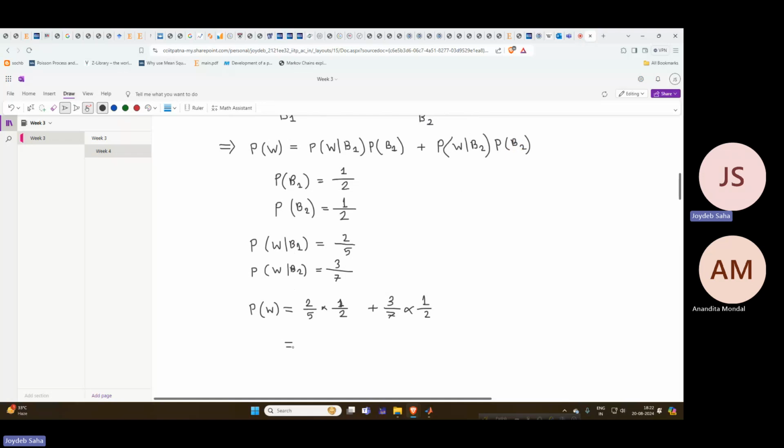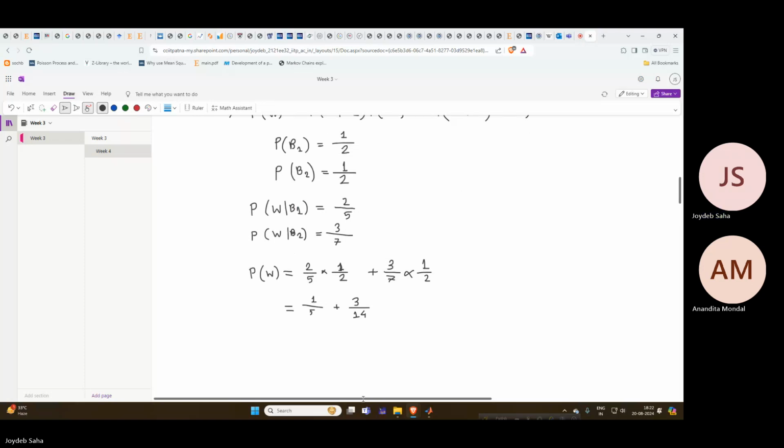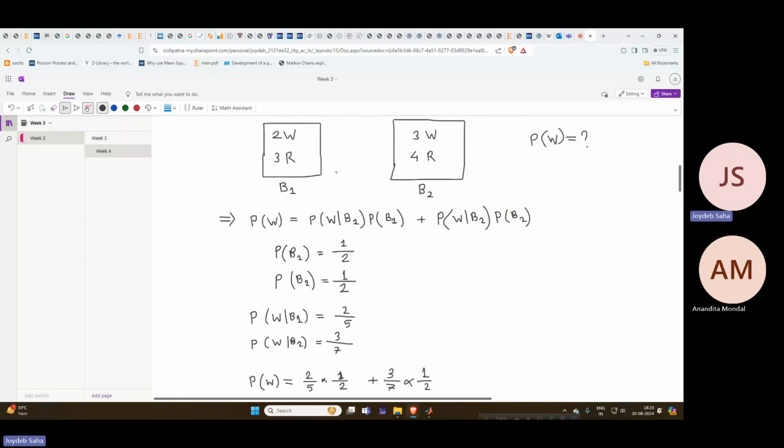So this will be 1 by 5 plus 3 by 14. Whatever the result will be, that will be the probability of picking a white ball randomly from the two boxes.